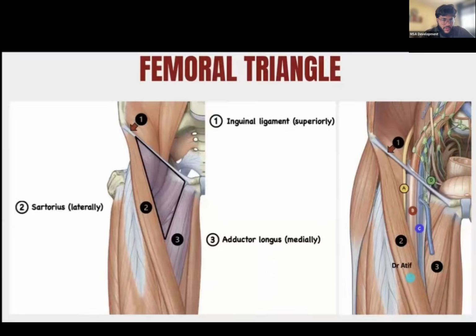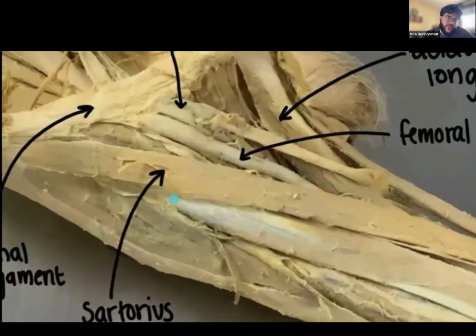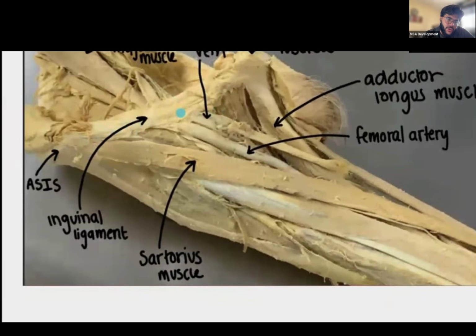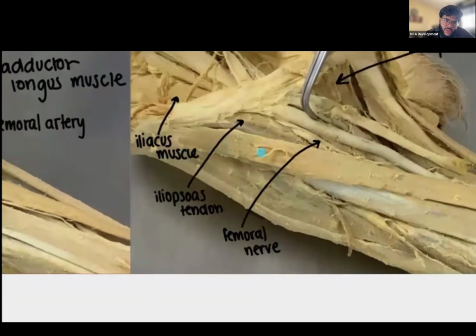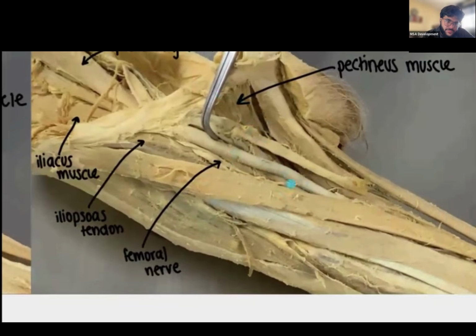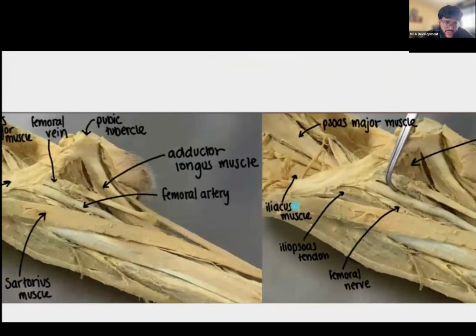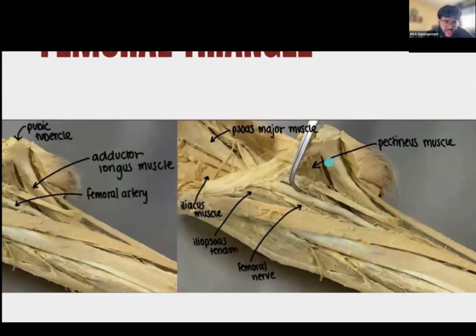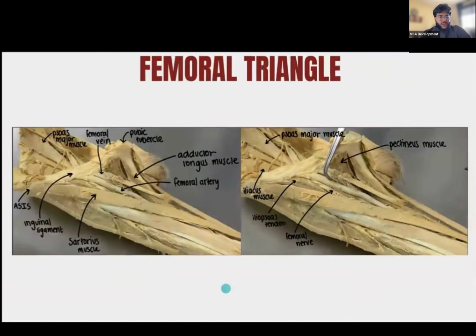Here is a picture on a cadaver. You can see your inguinal ligament right here, sartorius muscle laterally, adductor longus muscle medially, and the contents over here, lateral to medial, NAVEL. Behind, you can see the pectineus muscle. And over here, as you just saw, was your adductor longus muscle. With that, we're done with the medial compartment of the thigh.